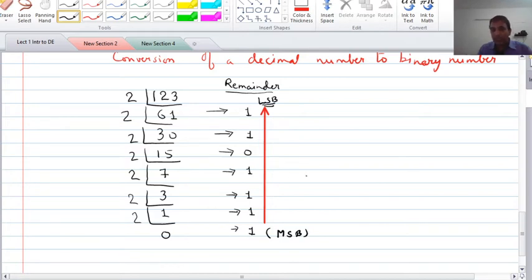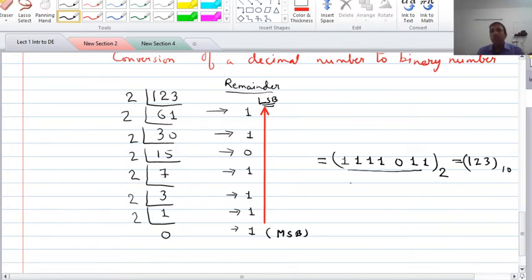So we have to write it starting from this side, 1 1 1 1 0 1 1. So this is the equivalent value of 123 represented in decimal form, and this is the value represented in binary form.